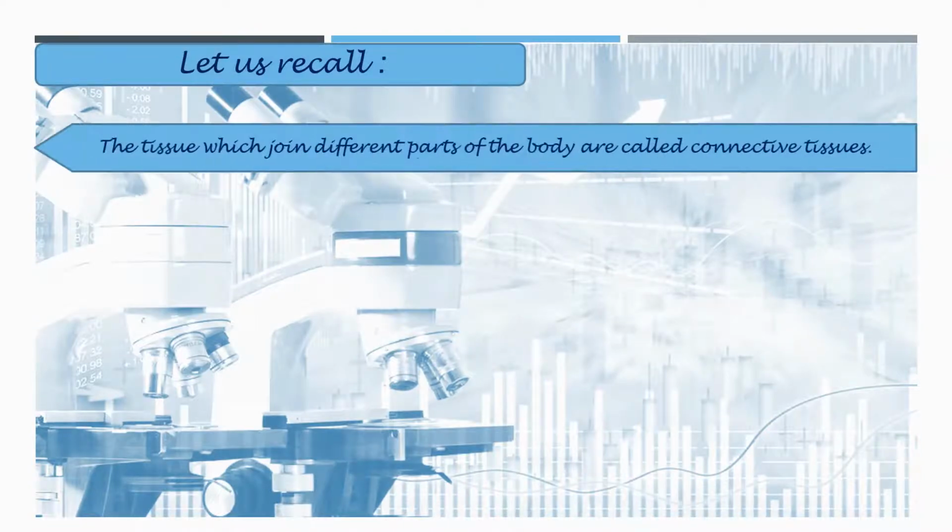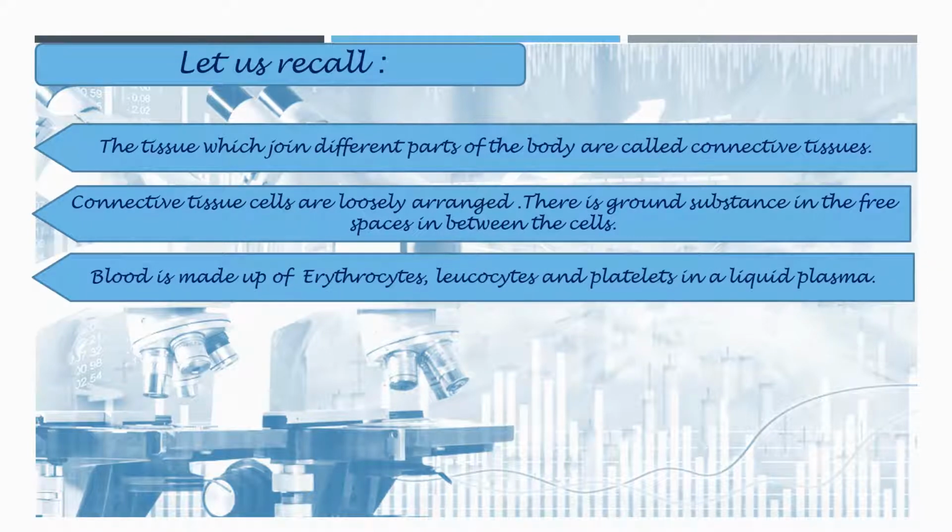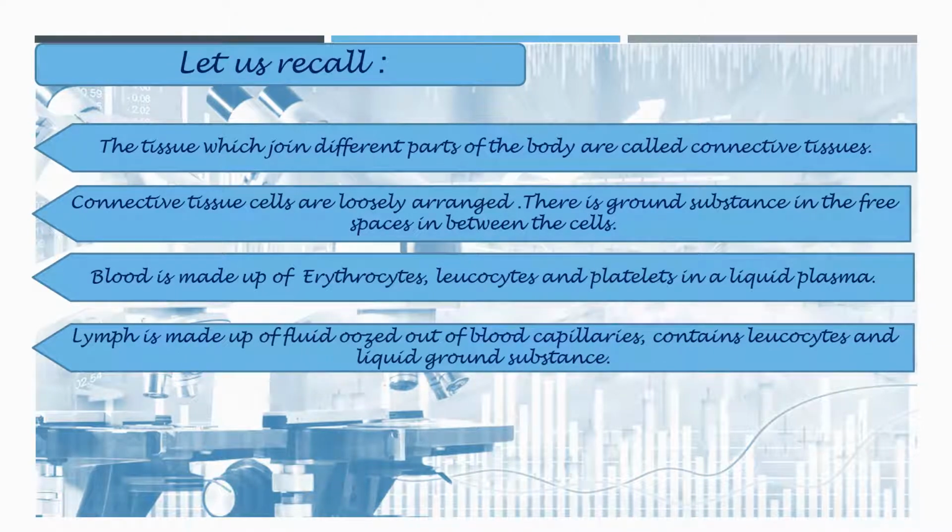The tissues which join different parts of the body are called connective tissues. Connective tissue cells are loosely arranged and there is a ground substance in the free spaces between the cells. Blood is made up of erythrocytes, leukocytes and platelets in a liquid plasma. Lymph is made up of fluid oozed out of blood capillaries.